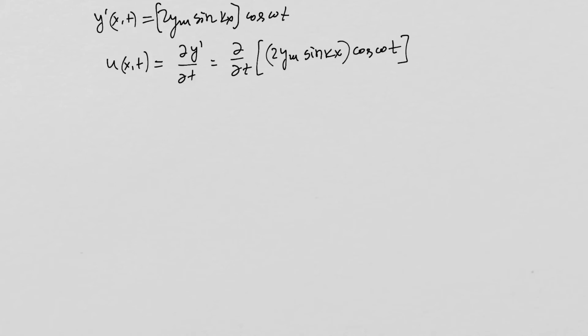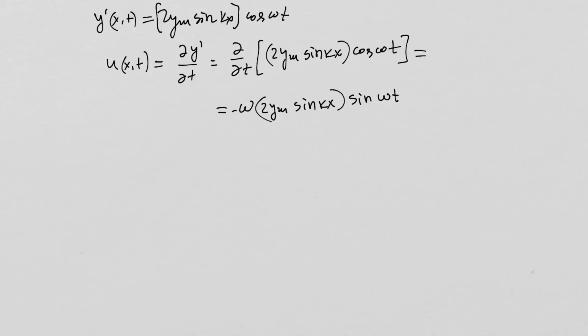Only the cosine term here will get differentiated. And so as a result, I get that this is equal to minus 2 times ym sine of kx times sine of omega t. And of course, I will have an omega here as well.